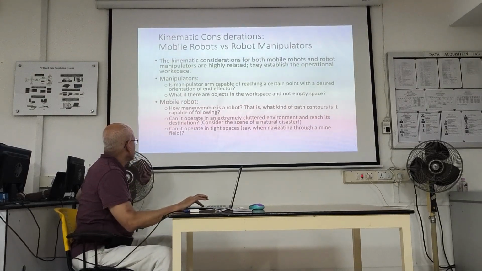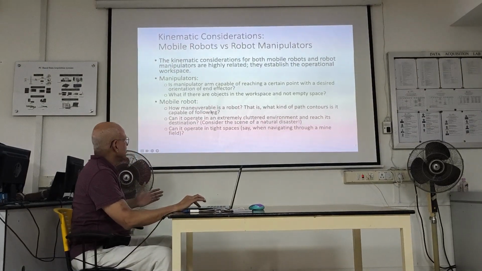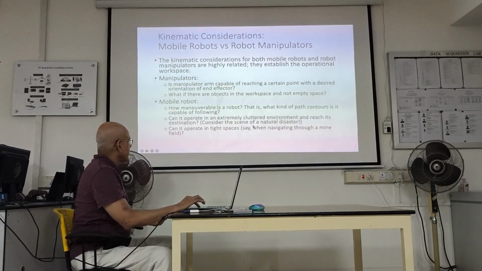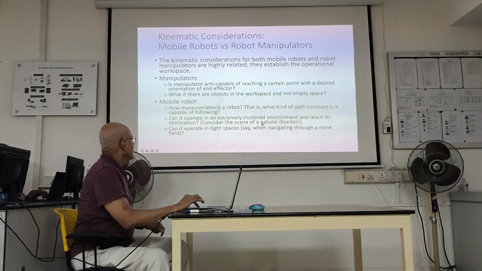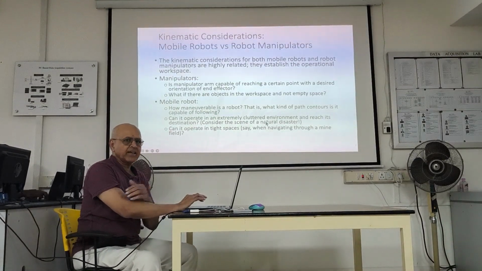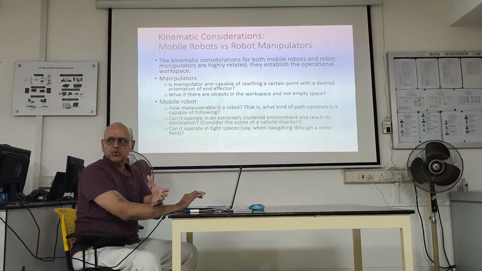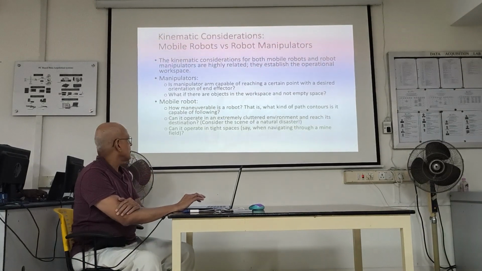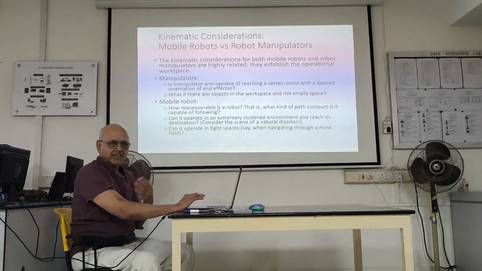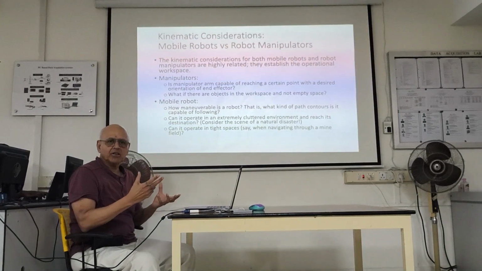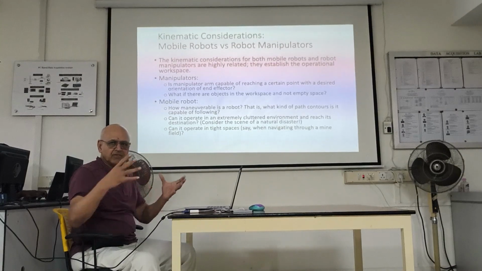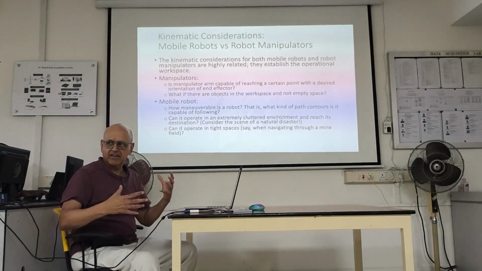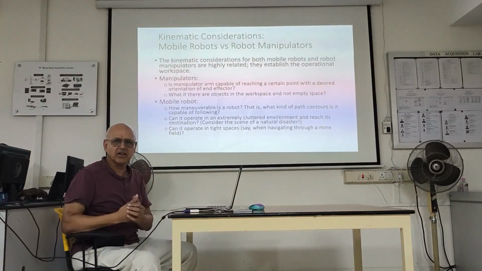So here are the challenges for the mobile robot. How maneuverable is it? Is it capable of operating in an extremely cluttered environment? And this is the next example. Consider that you have a disaster scene, an earthquake, and you're sending in robots to rescue people who are still alive, injured people. So you can imagine, is it capable? They have snake robots now, because I've seen, in an earthquake scene when the whole building has collapsed, regular robots with wheels are not going to accomplish much.